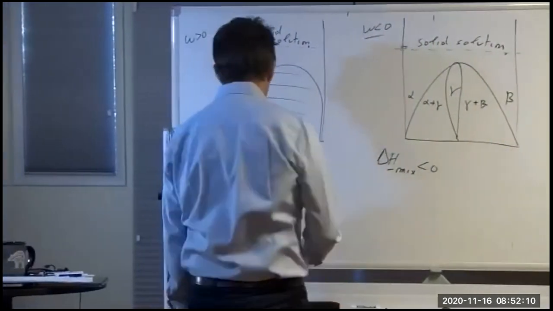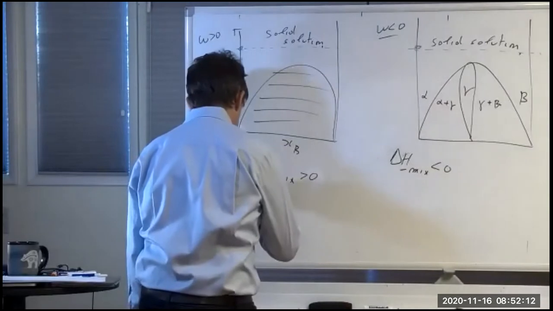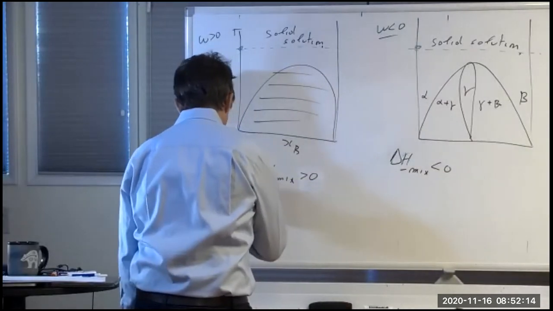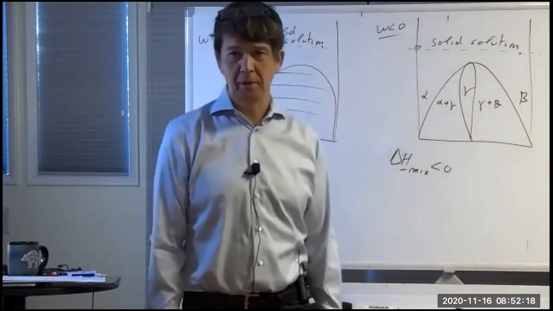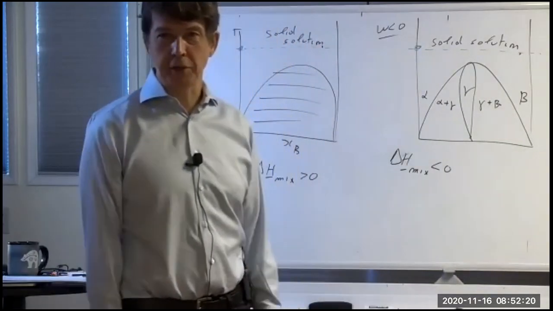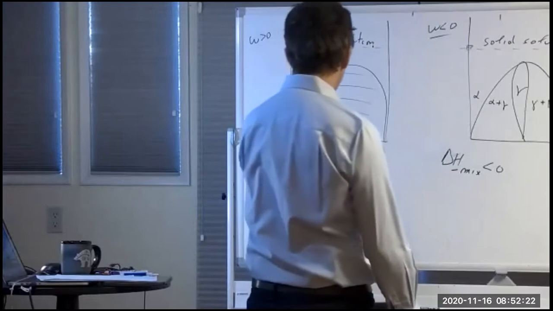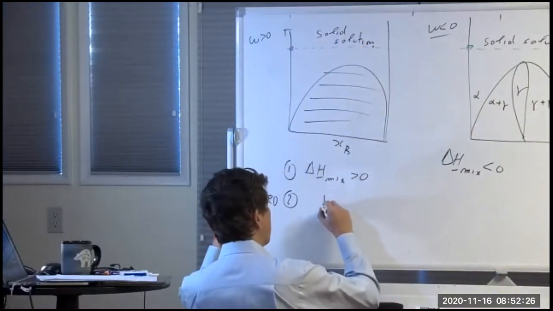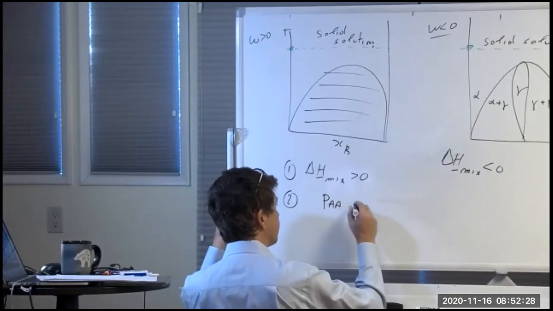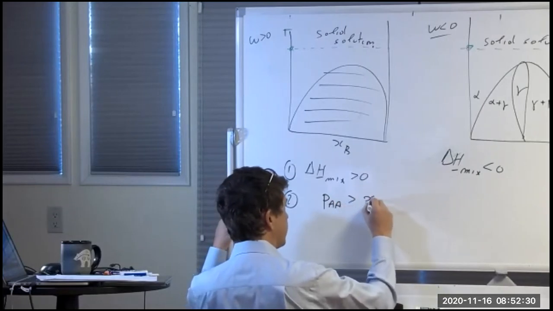You could measure the short range order, which is a lot harder to measure. You'd have to do TEM or neutron diffraction or something like that. But here, if you measure short range order, the probability to find AA bonds, for example, would be larger than XA squared.